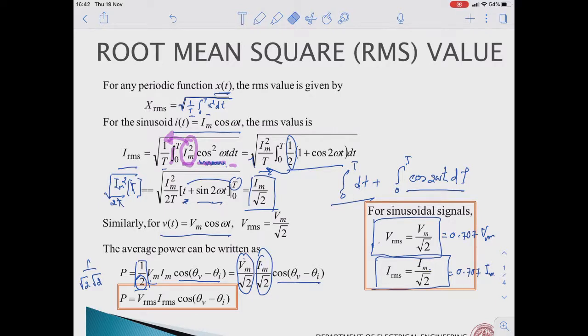So the average power of the AC circuit, written in terms of RMS, is equal to V_RMS I_RMS cosine (theta_V minus theta_I). This formula is very easy to use in practice, because generally our meter measures the value in the form of RMS. So we know V_RMS and I_RMS by just measuring them.